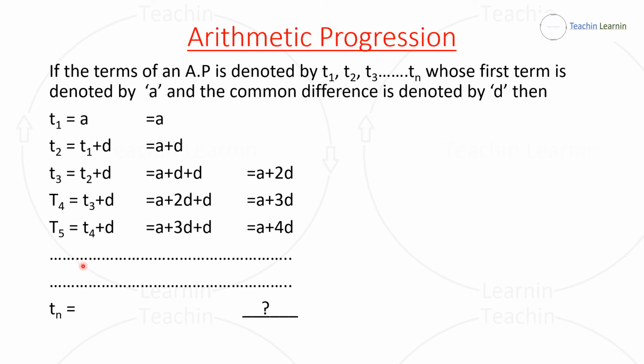And so, going this way, can you tell its nth term? When you replace these numbers 1, 2, 3, 4, 5 by a variable n, can you find the nth term?